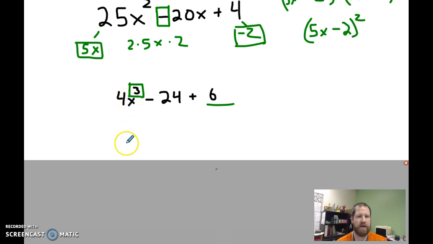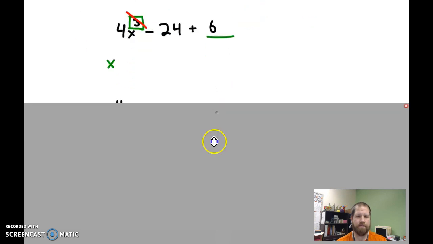Because if I'm multiplying x times x, I get x squared. If I'm multiplying x squared times x squared, I get x to the fourth. But there's no way I could ever get an odd exponent. So if you ever see one of those, you know automatically it's not a perfect square.